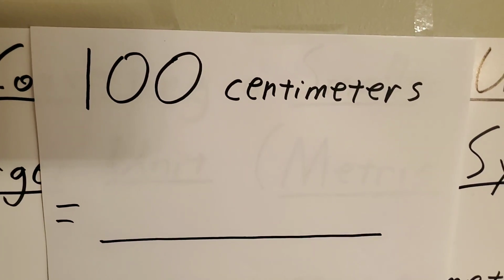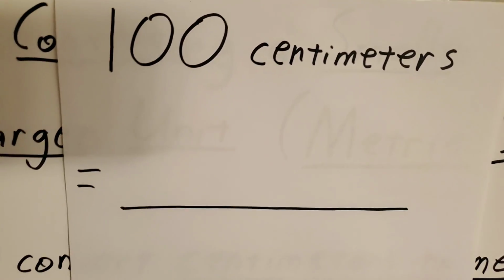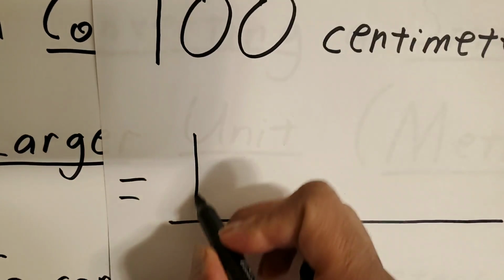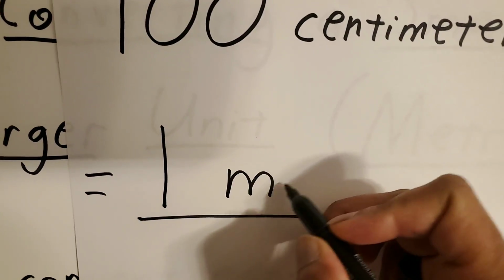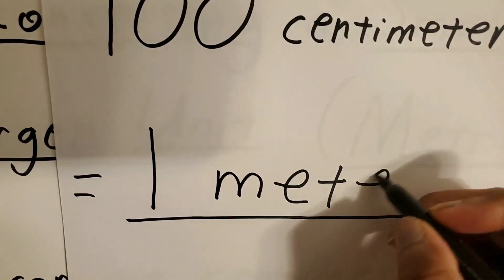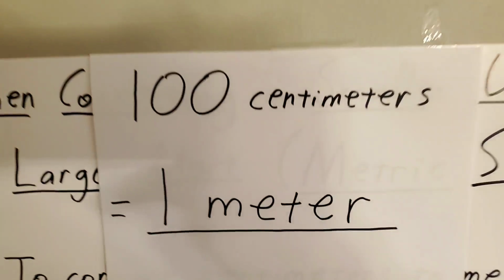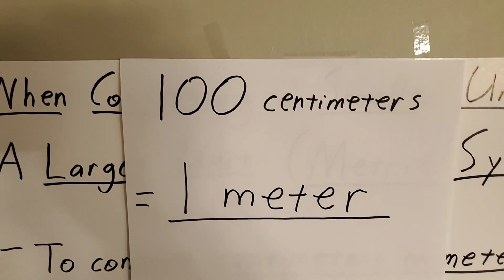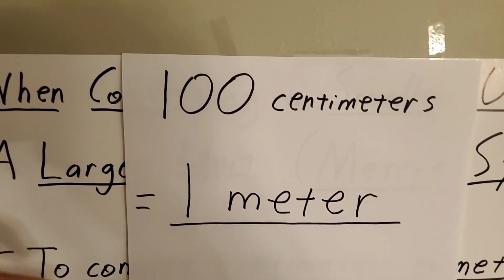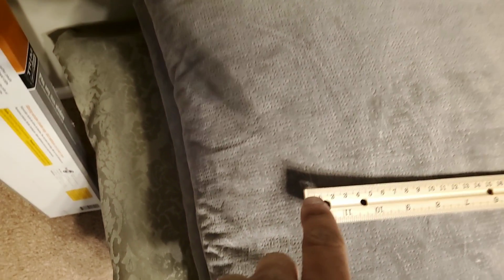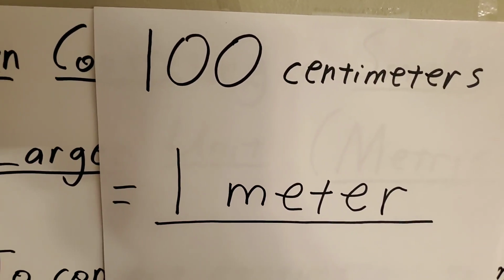If I take 100 centimeters and put them together, if you say that makes 1 meter, you are correct. So 100 centimeters is the same as 1 meter. So if I take this centimeter, put 100 of them together, that makes 1 whole meter.